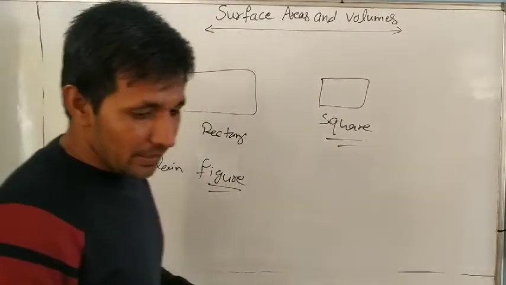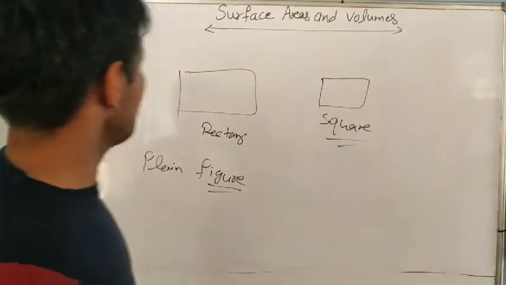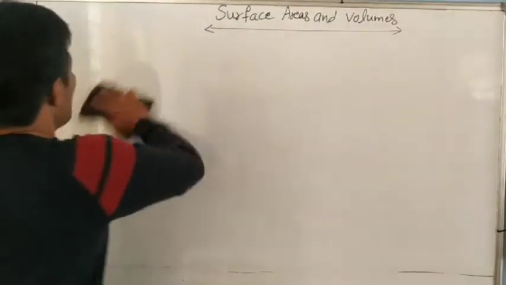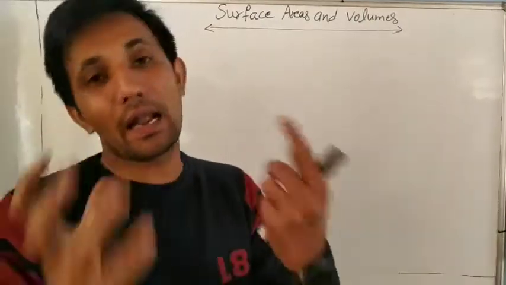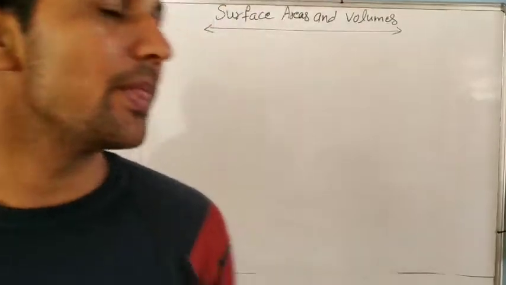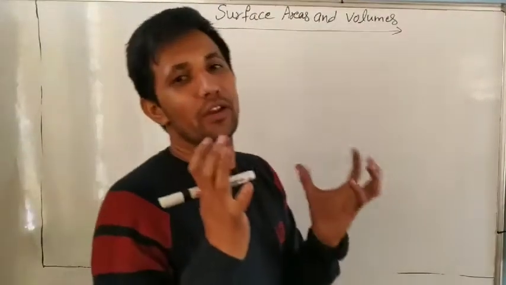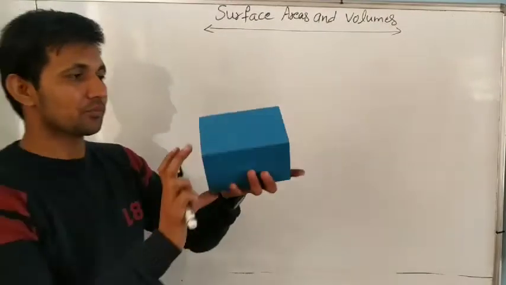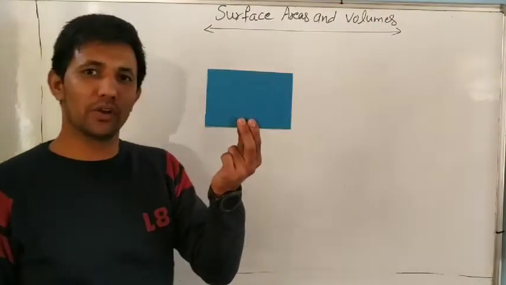But when we cut a cuboid from cardboard, then we call these solid figures. What is a solid figure? Suppose I cut it from wood, it is made of wood.